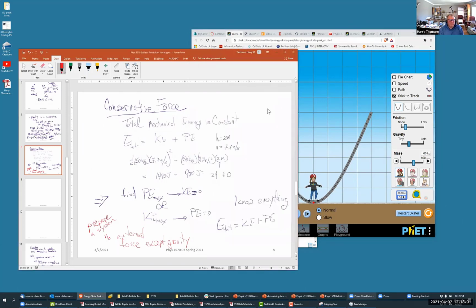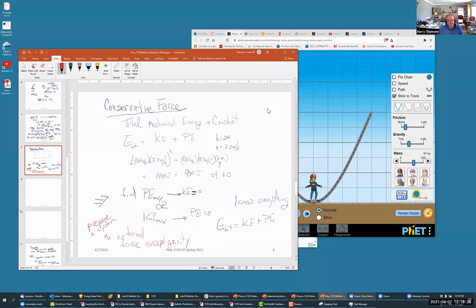All right. So with a conservative force, when gravity is an example, the total mechanical energy is constant. And once we know what E total is, we can always predict what the KE and the PE is, usually by looking at the PE.